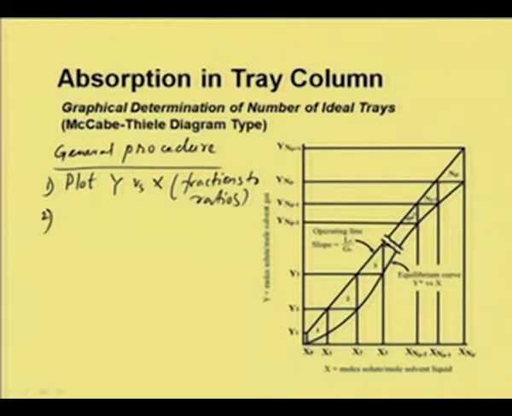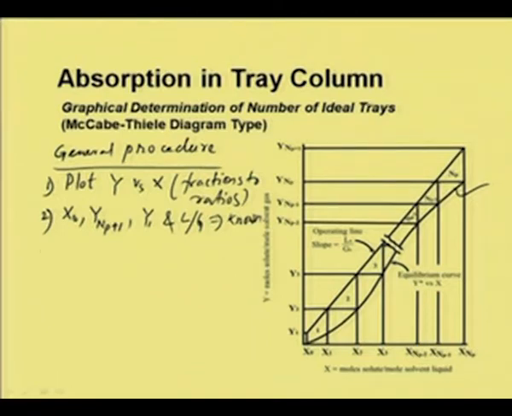Second, we know the values of x naught, y n plus 1, y 1 and L by G. These are known. So, first this equilibrium line is drawn and then we know this data.